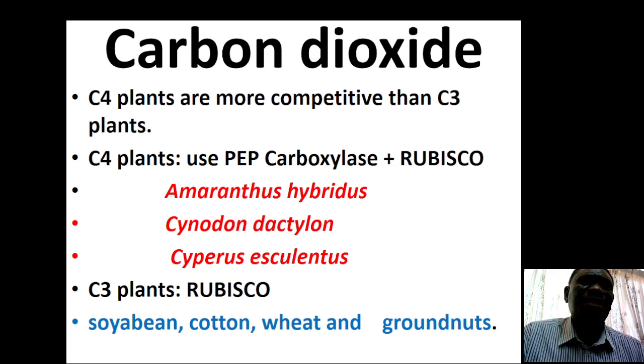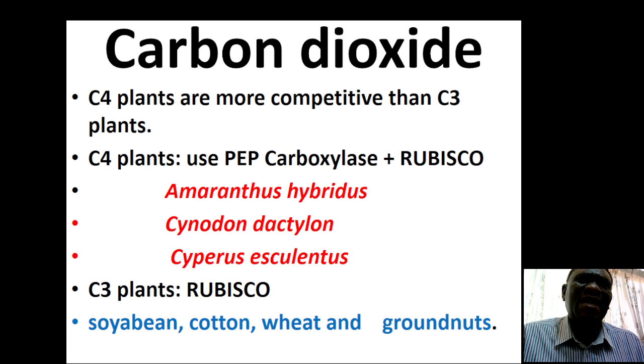The C4 plants use PEP carboxylase and rubisco to efficiently use carbon dioxide. You can see most of our weeds, like Amaranthus hybridus, Cynodon, Cyperus esculentus, possess the C4 pathway, or the PEP carboxylase and rubisco systems.